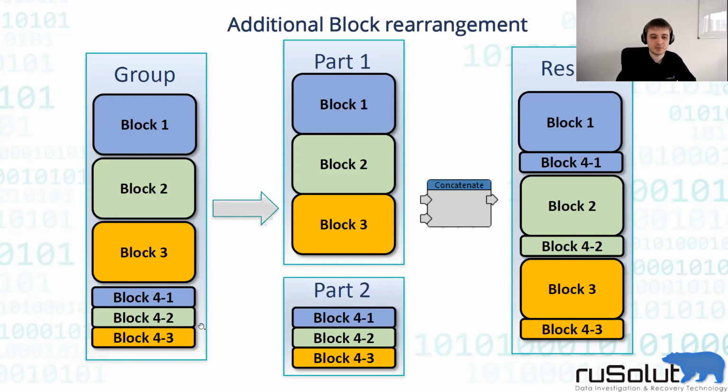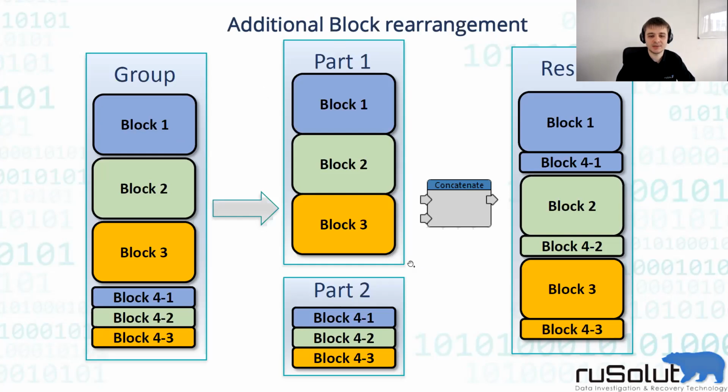To rearrange them correctly, to get correct images, correct dumps, correct files out of the recovery process, we are required to reverse this thing. So to eliminate this rearrangement made by block, we require dividing the dumps into 2 parts.